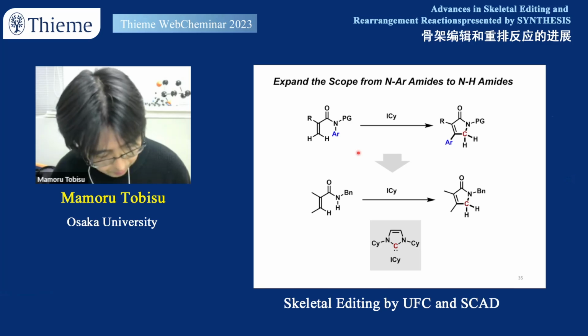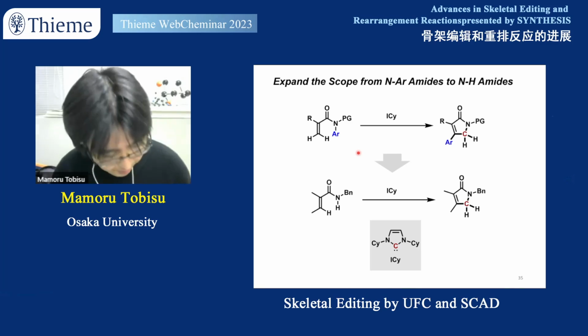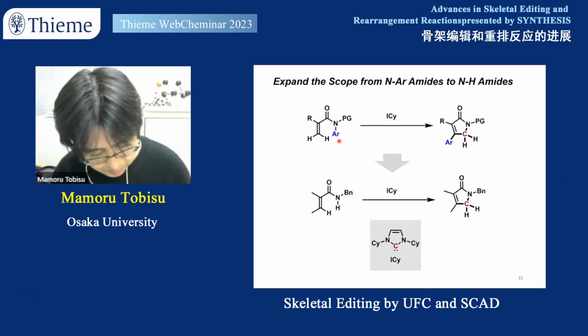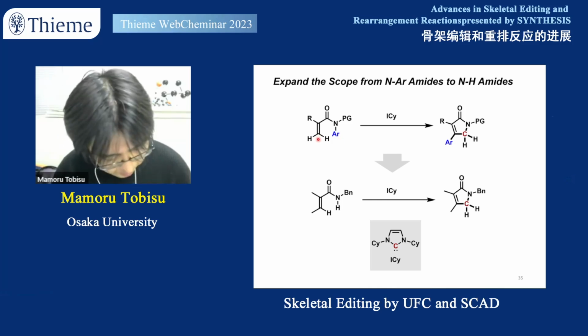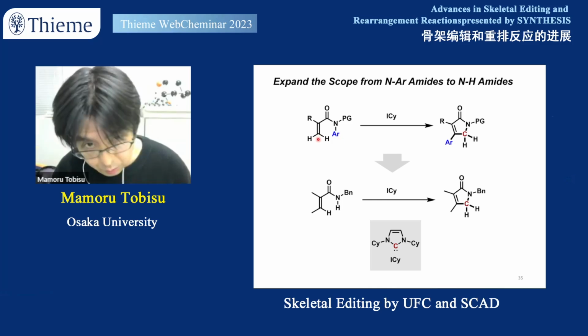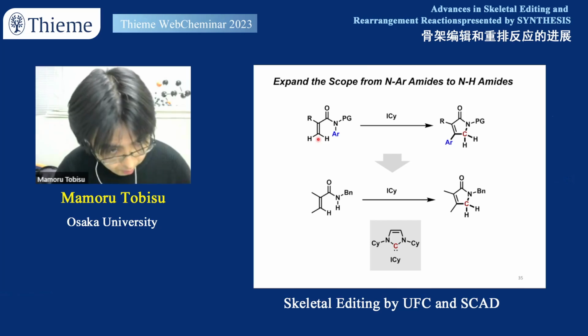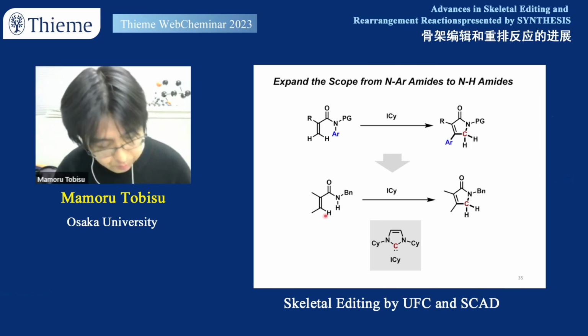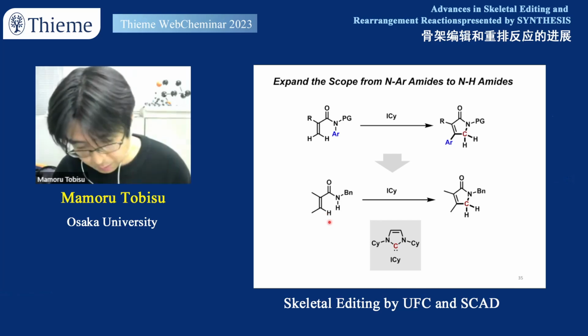So at the beginning, we needed to use the N-alkylated amide as substrates, and the substitution at the alkene terminal was not tolerated. But now we can use even simpler NH amide as substrates for the SCAD reaction.